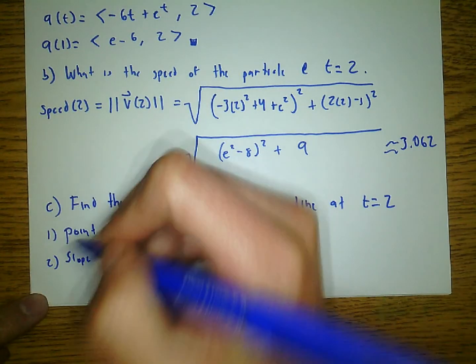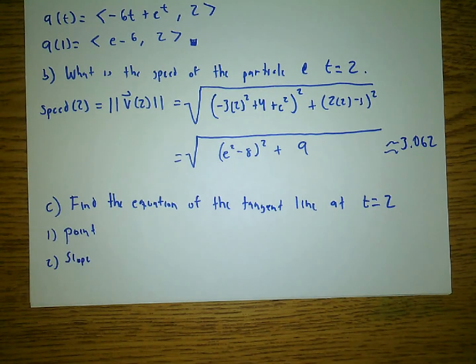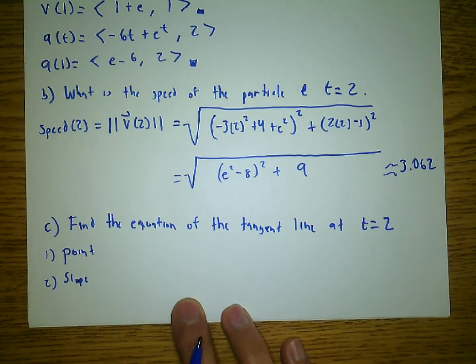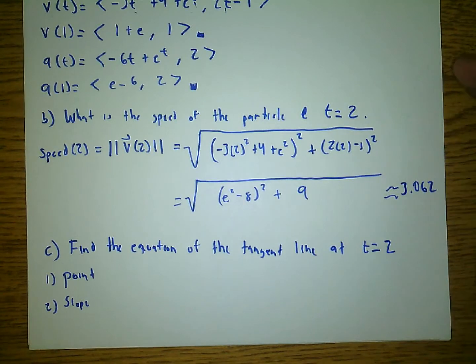Okay. Well, do I have any of them? Do I have a point or a slope? No, you don't have a point, but t equals 2 is a point, I guess. Okay. But here's the thing, right? In order for you to write a tangent line, shouldn't you be using the variables y and x? Let's start out with that. Because this is the question that I asked you when we started this.